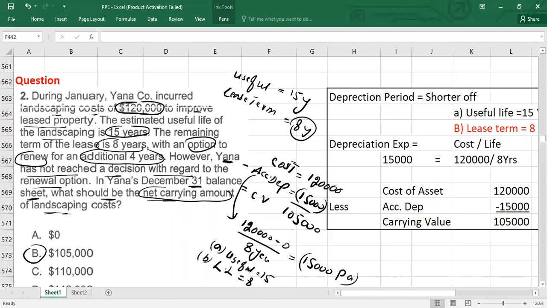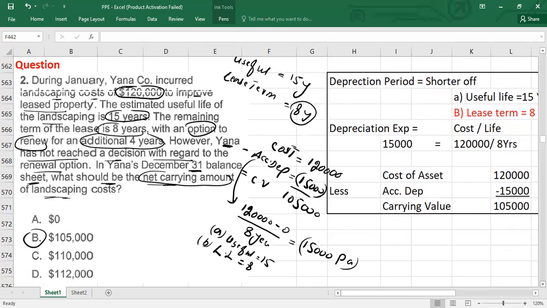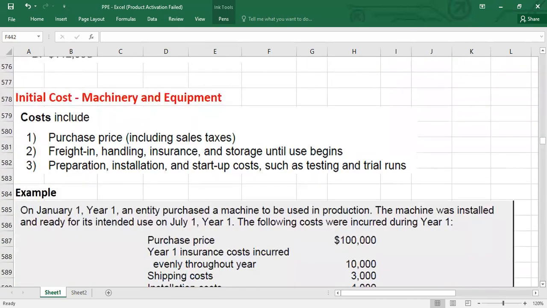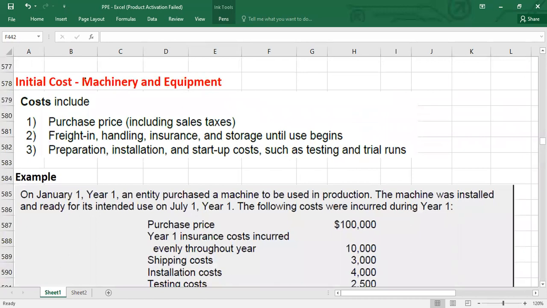Okay. Then you have another point here. We are going to talk now about initial cost for machinery and equipment, like what should be capitalized as part of machinery and equipment. So of course, the cost will include purchase price, including sales taxes, but these taxes should be non-refundable.